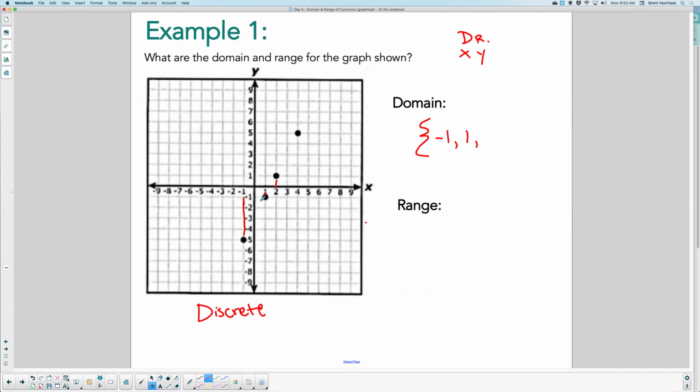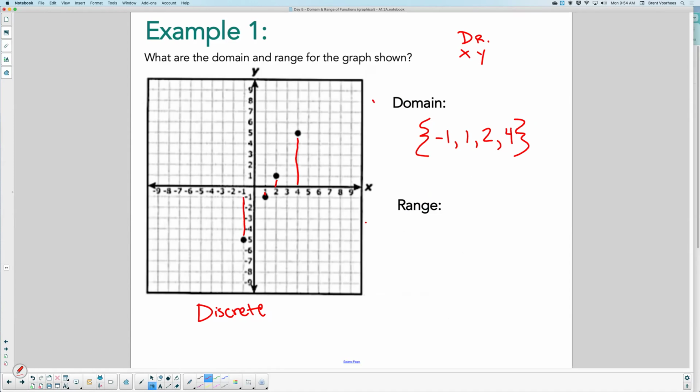You're running out of my classroom. How about the next x value? What's the next x value you see? 2. And then finally the last x value we see. 4. You got it. Now close your squirrely bracket and you got that one right. The 4 and my squirrely bracket kind of got too close together. Let me do it like that. There we go.